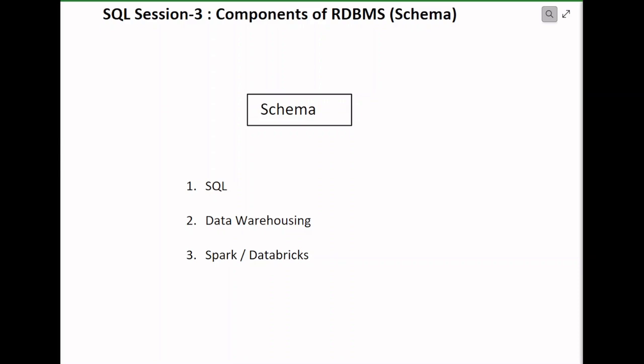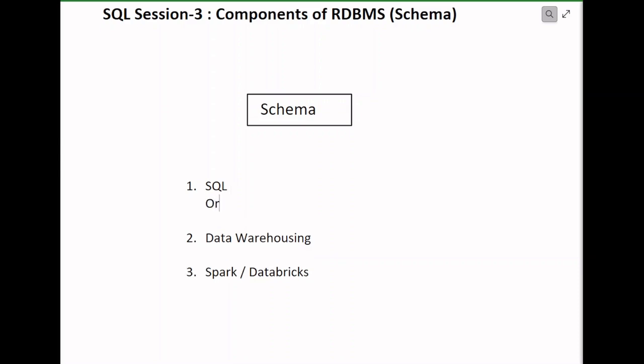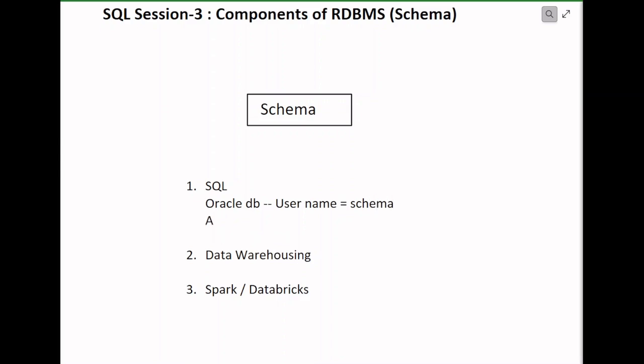In SQL, if we are talking about Oracle DB, then schema is equivalent to a username. So we can say in Oracle DB, username equals schema. In all other databases, a user can create multiple schemas.